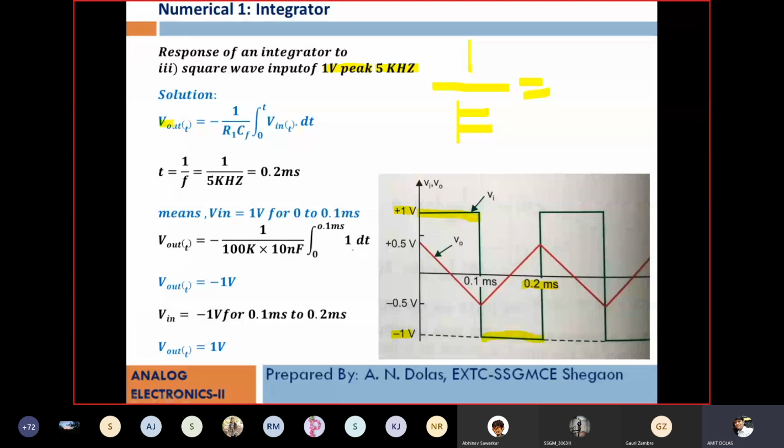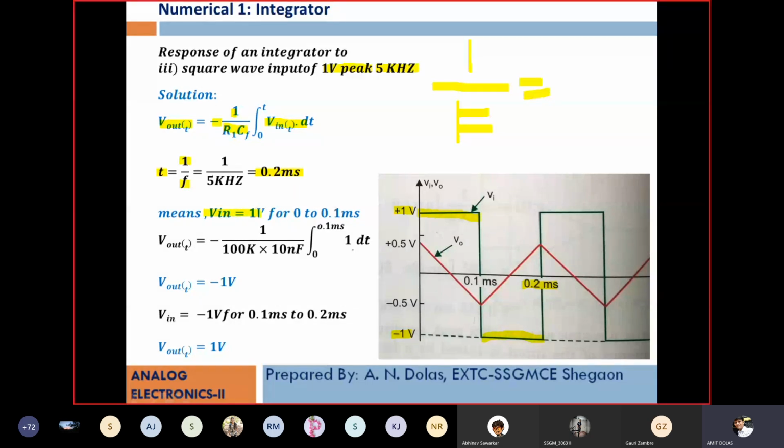So V out का वही formula, minus of 1 upon R1 CF integral of Vi dt. Then time period of the square wave will be 1 by f, which is 0.2 millisecond. So +1 volt for 0 to 0.1 and -1 volt for 0.1 to 0.2.